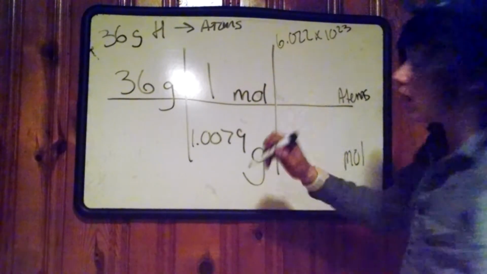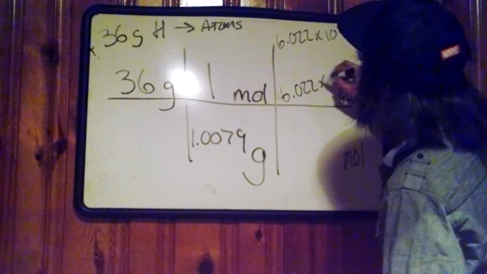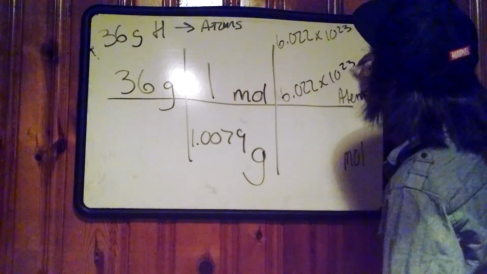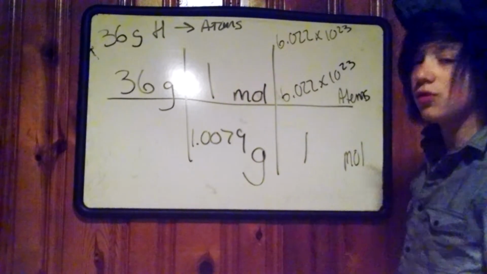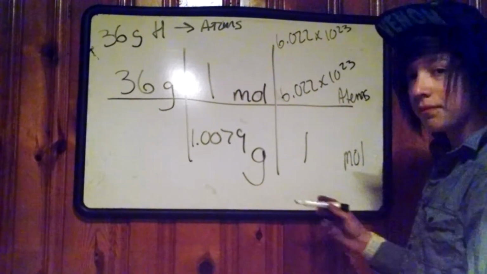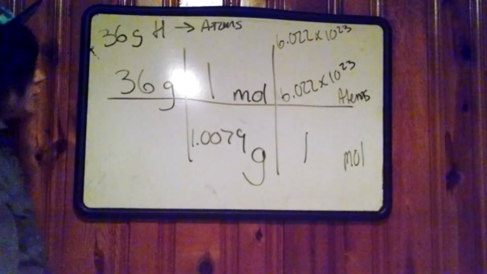So we know this, now we can place 6.022 times 10 to the 23rd power over 1 mole, because for every 1 mole, there is 6.022 times 10 to the 23rd power atoms. So, now that we have everything filled out, we can solve the equation.